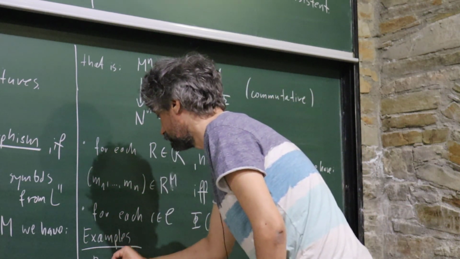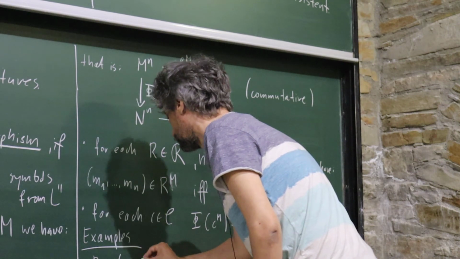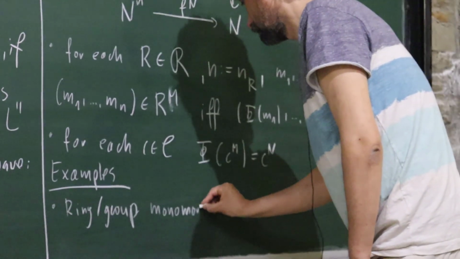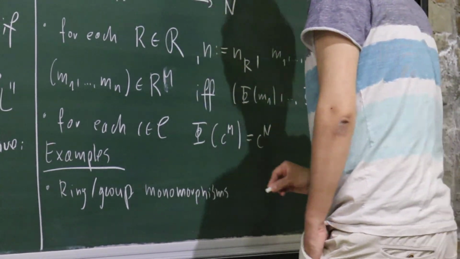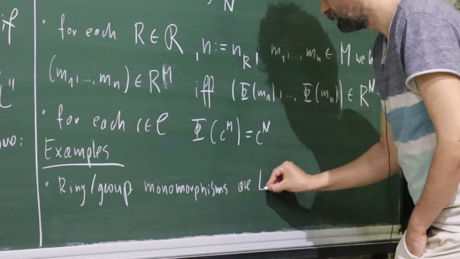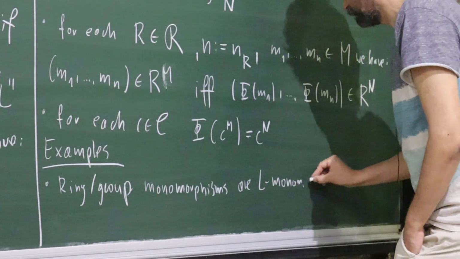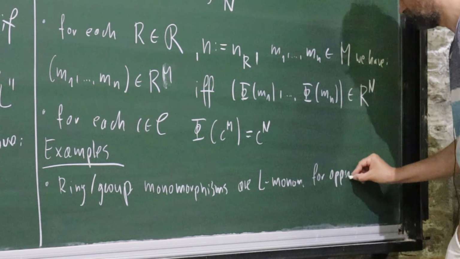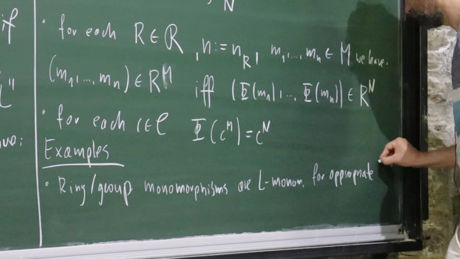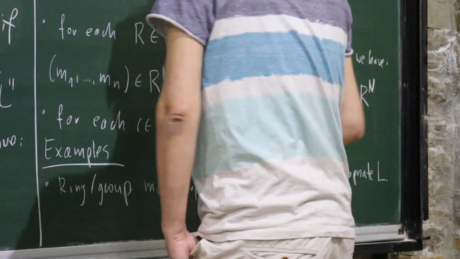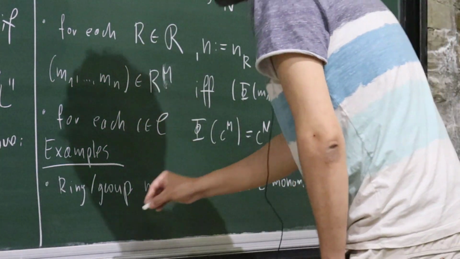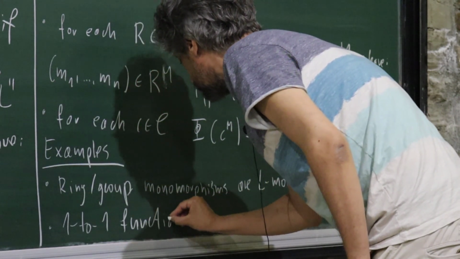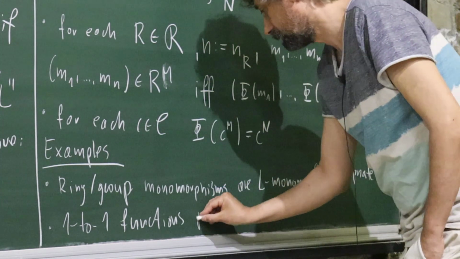Ring, group, okay, these are L monomorphisms for appropriate L. And for example, one-to-one functions preserving order.